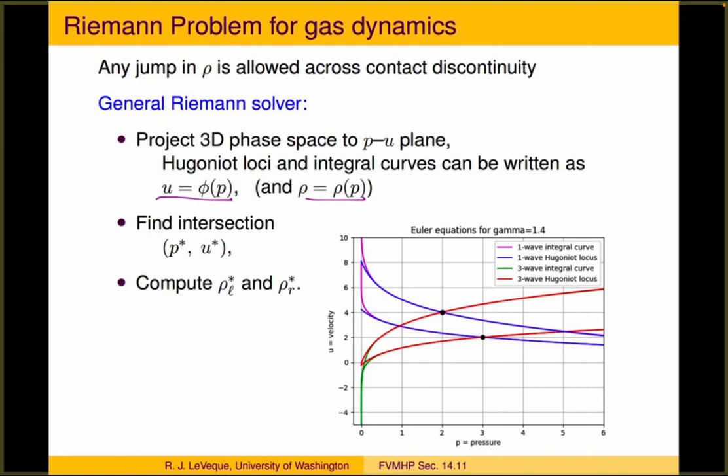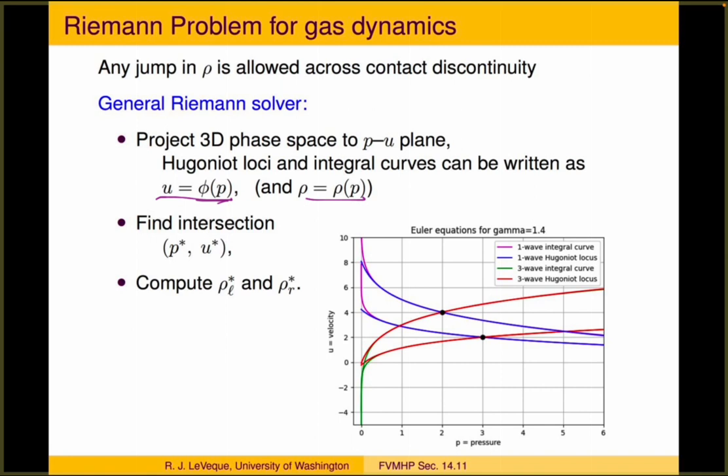For any given state, we can find the variation of u as a function of pressure. I wrote it as phi of p here, the same notation I was using for the shallow water equations. There's one function of p to the left of a point and a different function of p to the right of the point in the phase plane, because we also have to decide whether to use a shock or a rarefaction wave in each family.